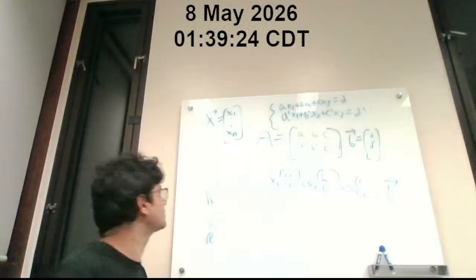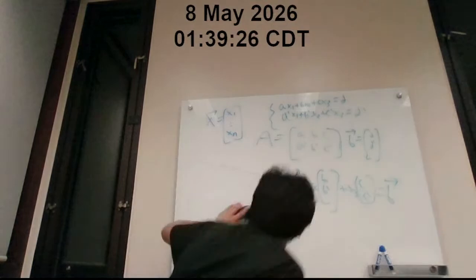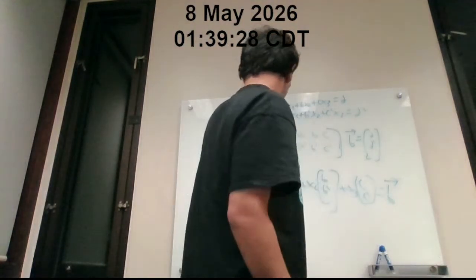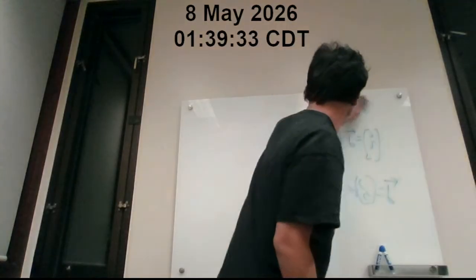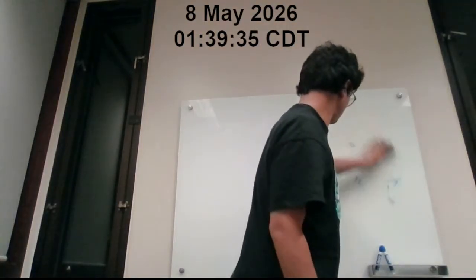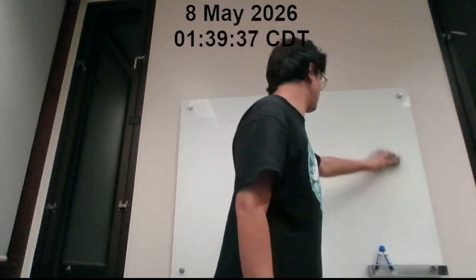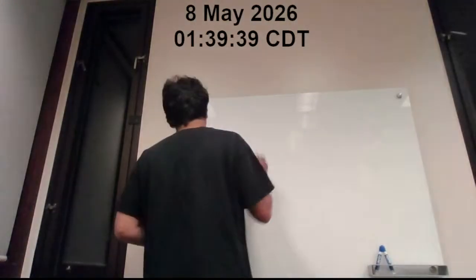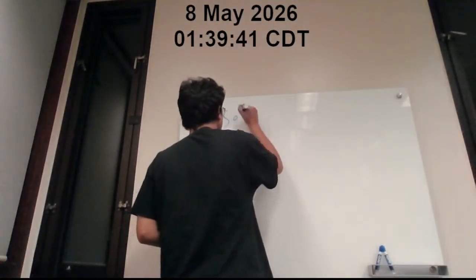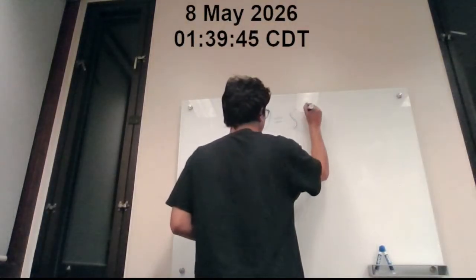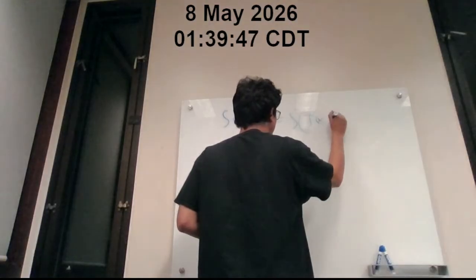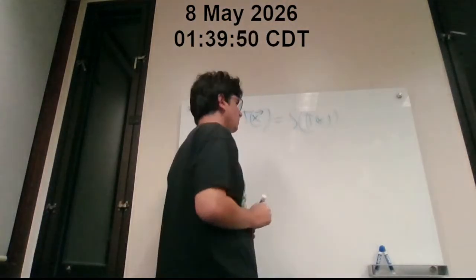So yeah, let's say, for example, you have S of T of X, that actually becomes S of T of X. Wow, very informative. Something you probably learned in your algebra class.